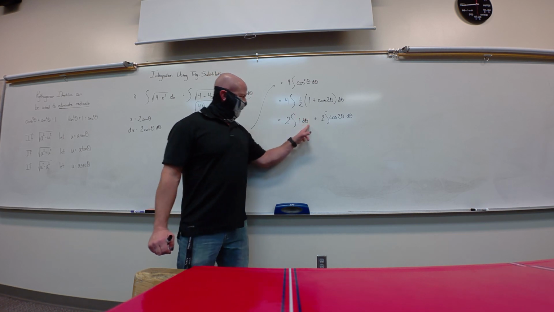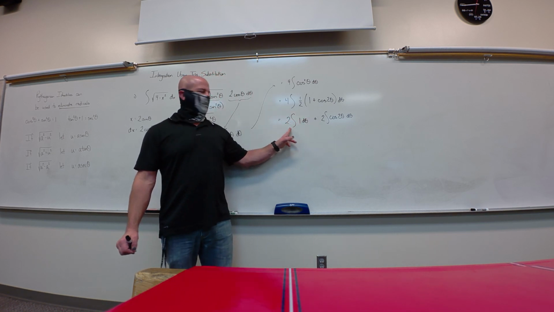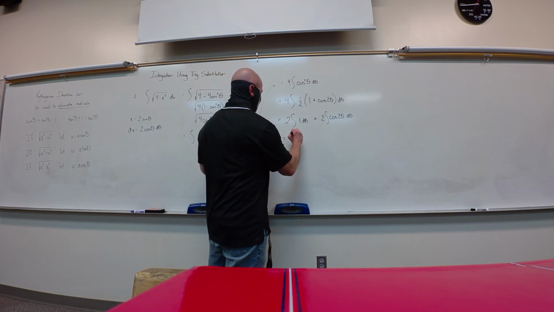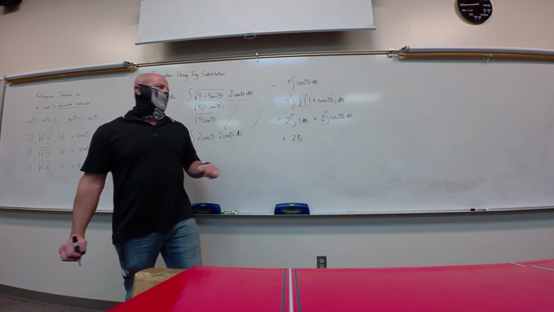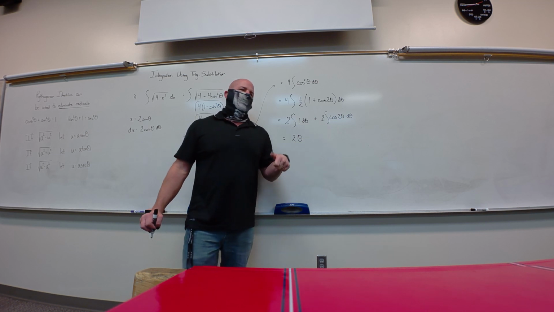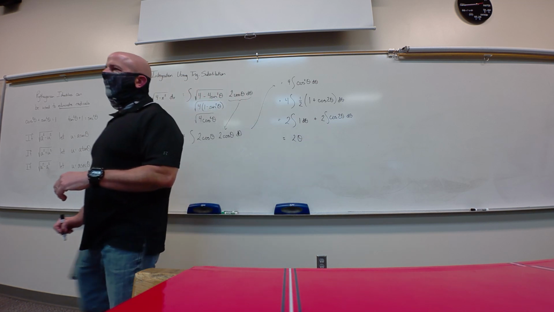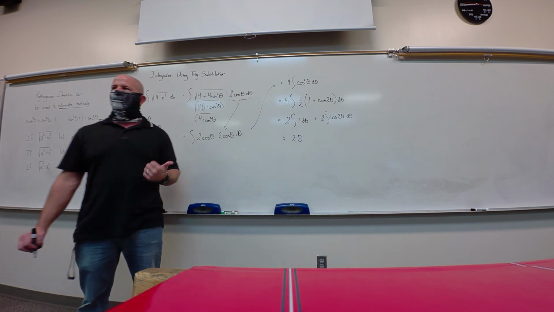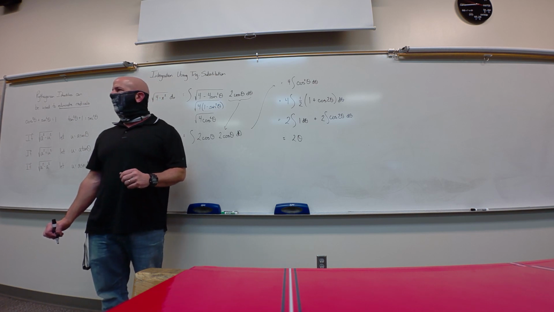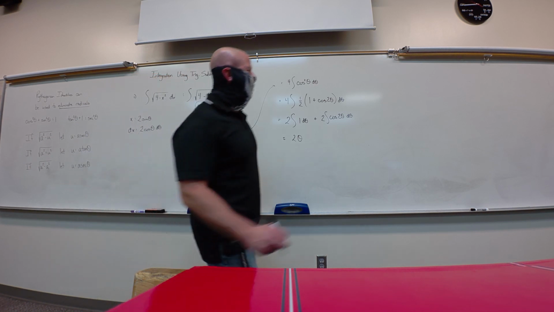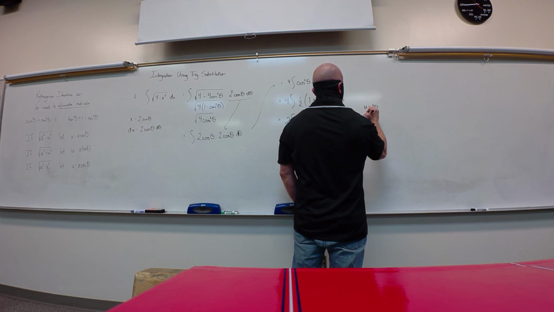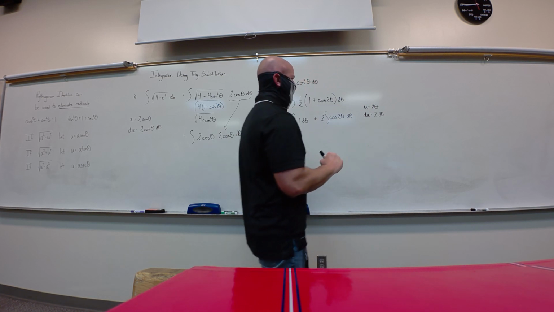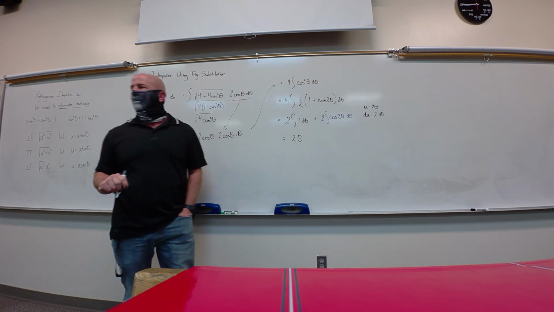So this one's easy, right? This one's just 2 theta. Everybody agree? This one is fairly easy. I mean, integrating the cosine is not bad, but the 2 theta is in my way, so this is where that u substitution would come in. Not too bad. u is 2 theta, du is 2 d theta, which is actually what I do have.